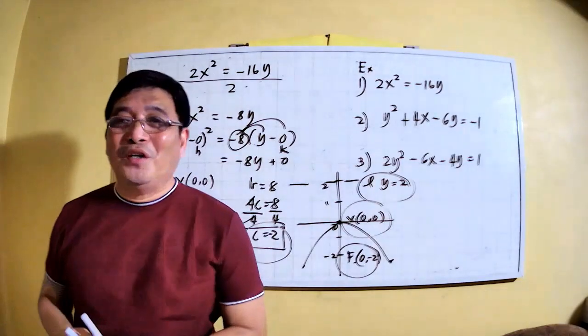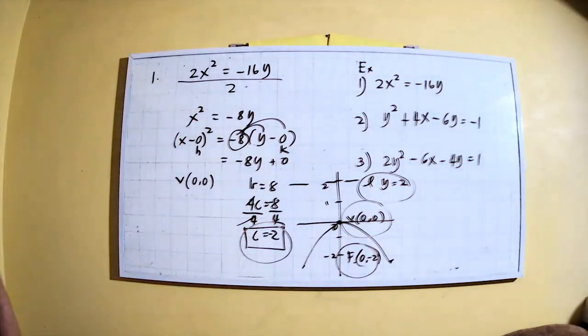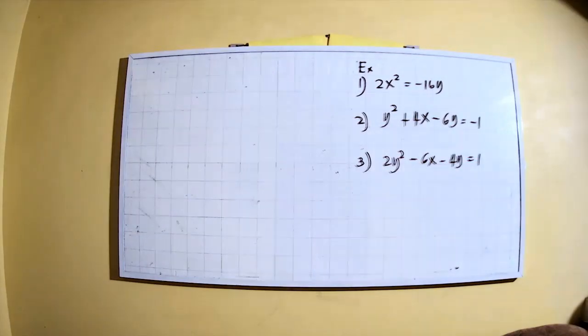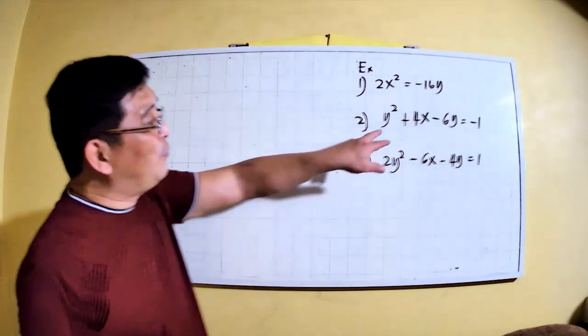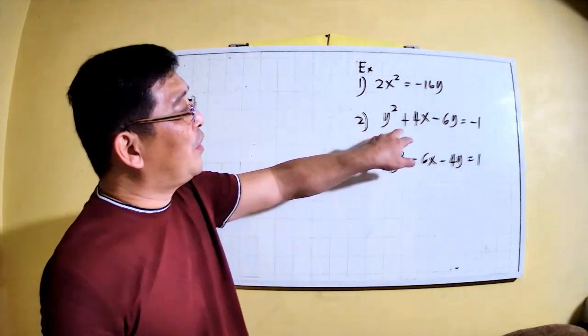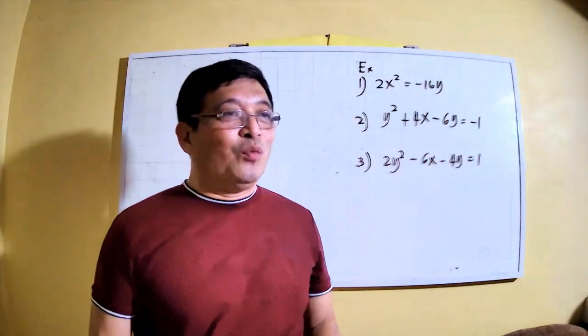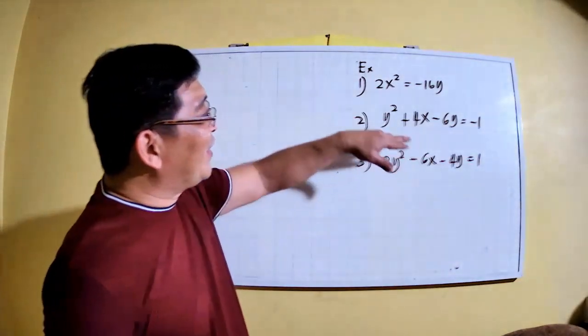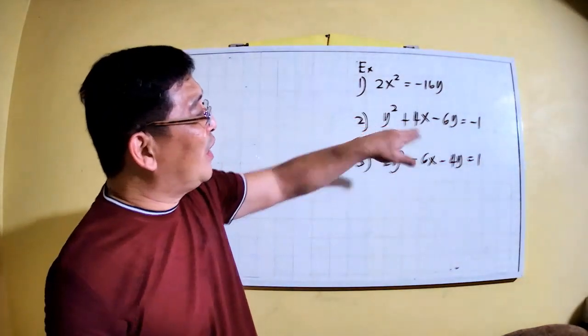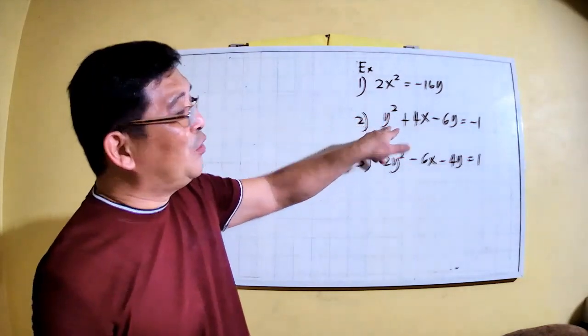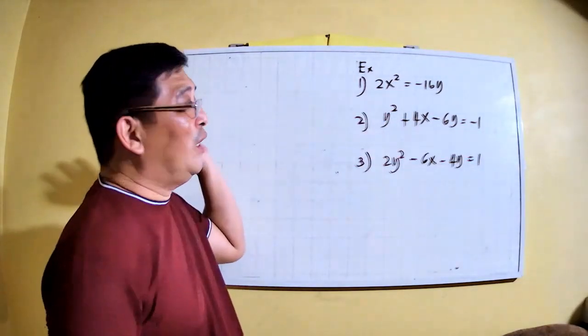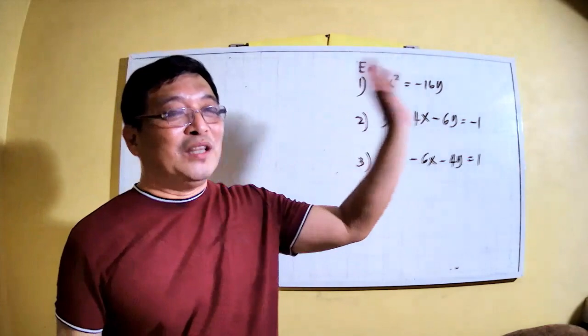Next is number 2. So, number 2 problem, we have y squared plus 4x minus 6y is equals to negative 1. I-arrange natin itong equation natin. Dahil yung naka-square is y, lagay natin yung y doon sa kaliwa at yung x doon sa bandang kanan.